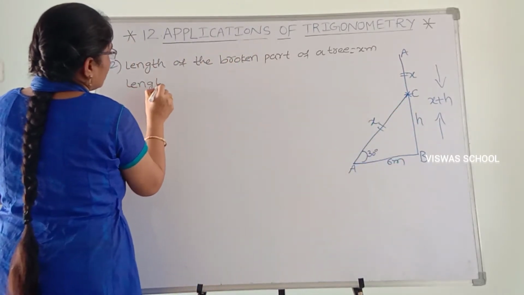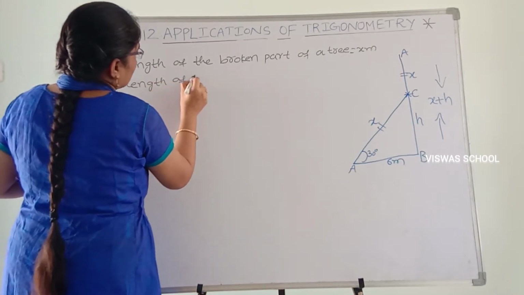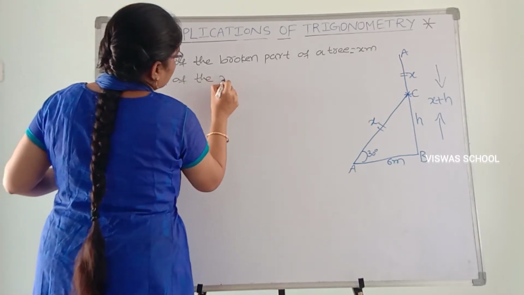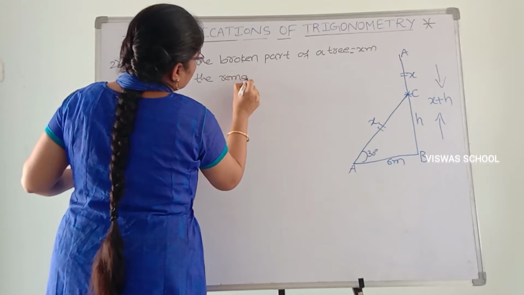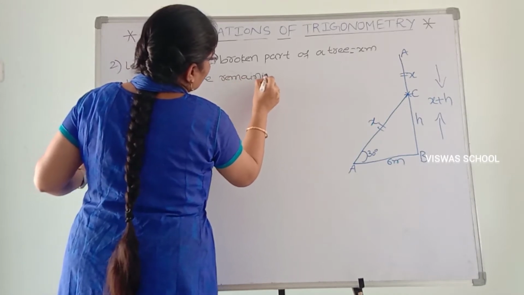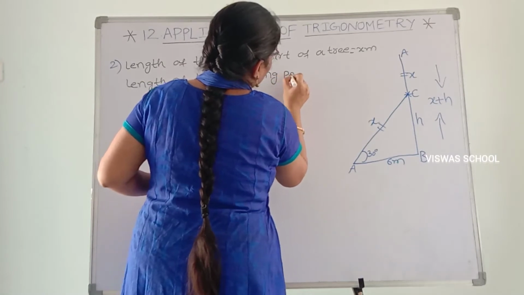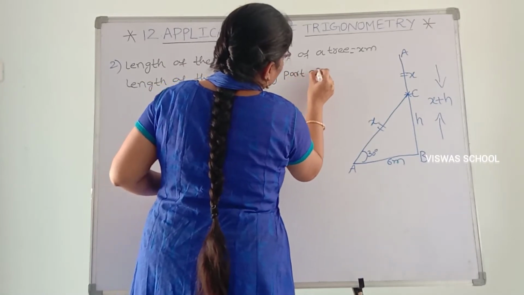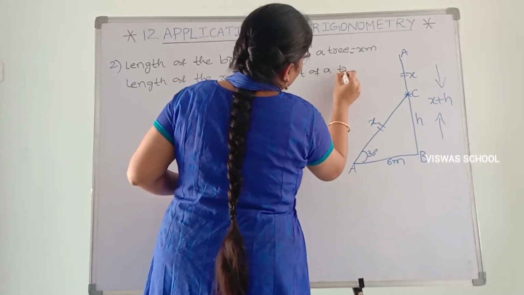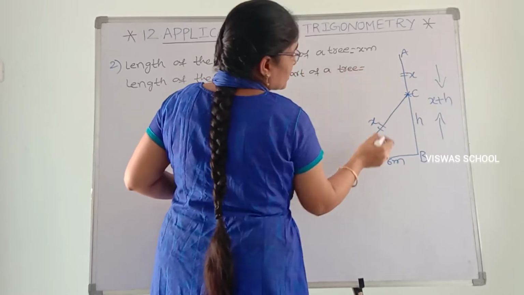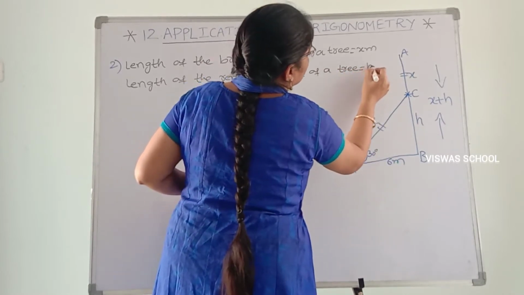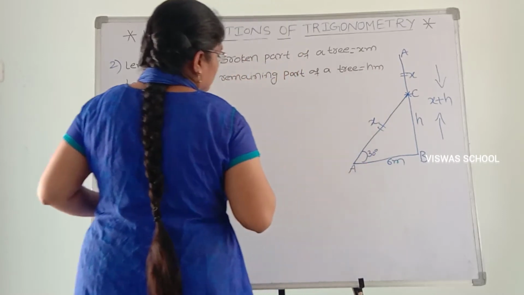Now, length of the remaining part of a tree is equal to H meters.